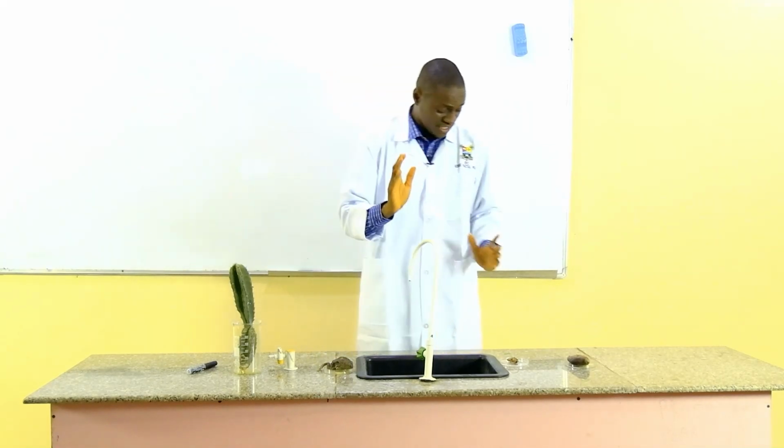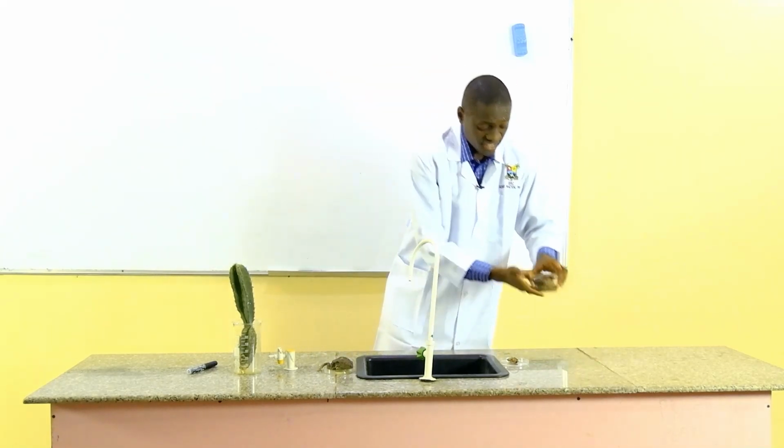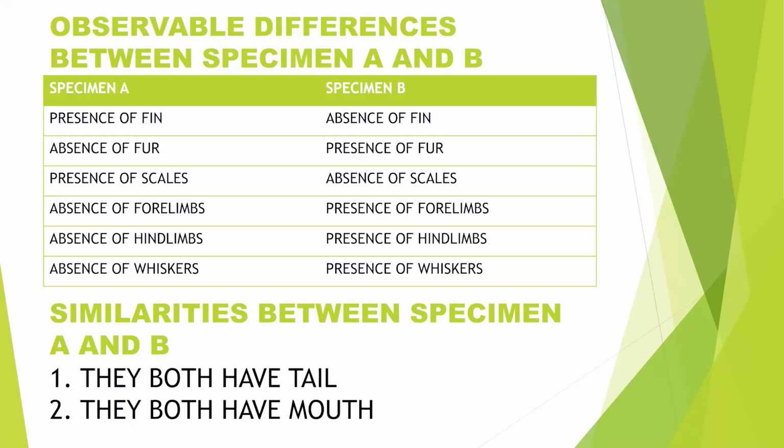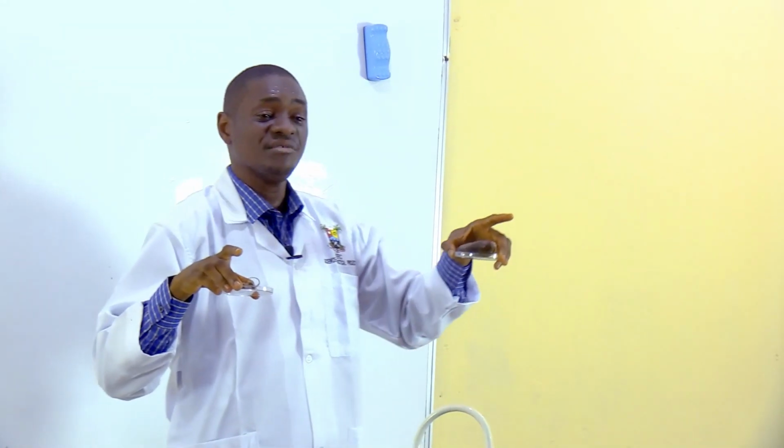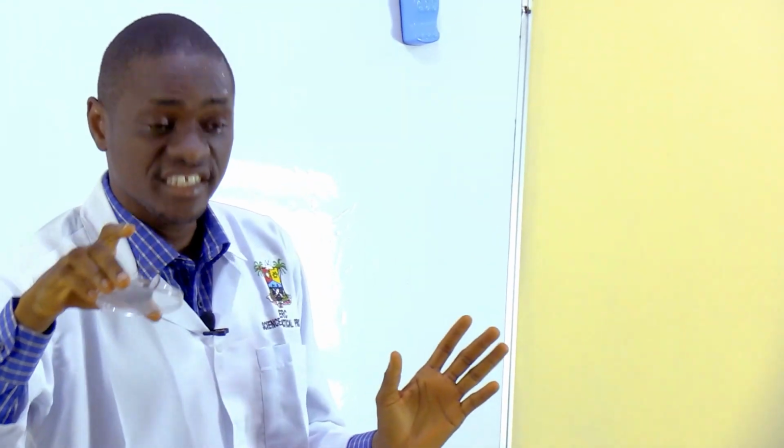That is that. Then another thing is that in specimen A, there is absence of whiskers, while specimen B possesses what? Presence of whiskers. Then specimen A, there is also absence of forelimbs, but in specimen B, there is presence of forelimbs. The same thing, specimen A, there is absence of hindlimbs, and in specimen B, there is presence of hindlimbs.